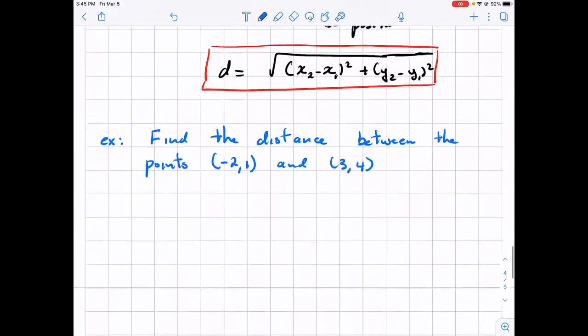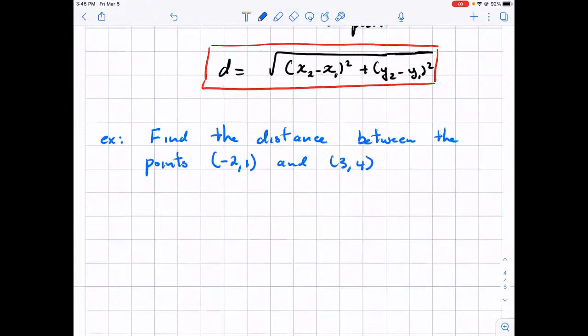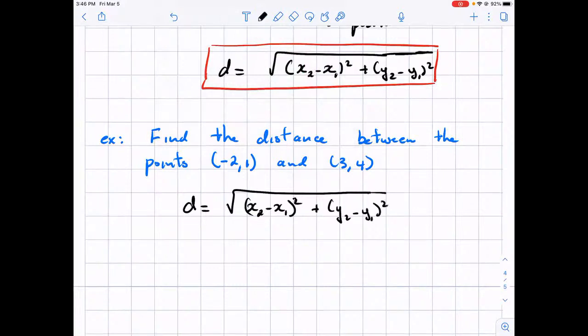So we know the distance formula: d is equal to the square root of x2 minus x1 squared plus y2 minus y1 squared.